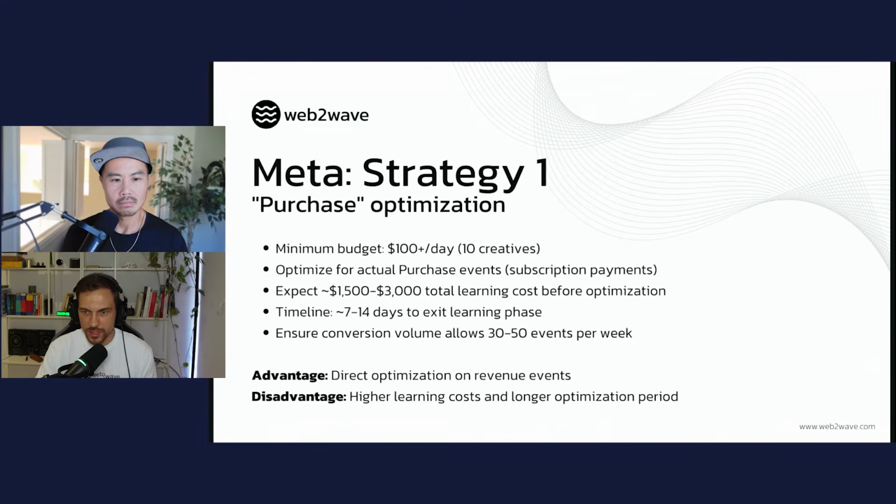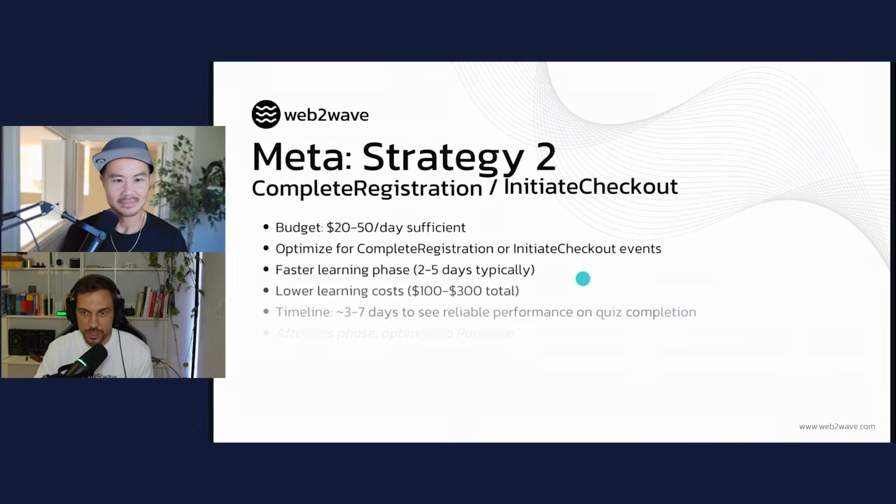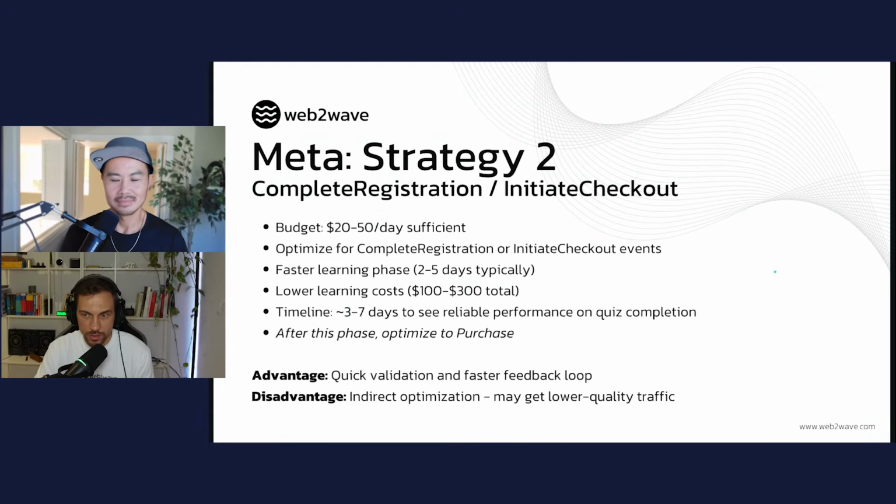Wrap up about the strategies. Strategy 1, the main strategy that you will be optimizing on in the end, is when you optimize on purchase. It is great for performance but may be costly in the beginning. The other strategy is to optimize on a proxy event that happens before the purchase.